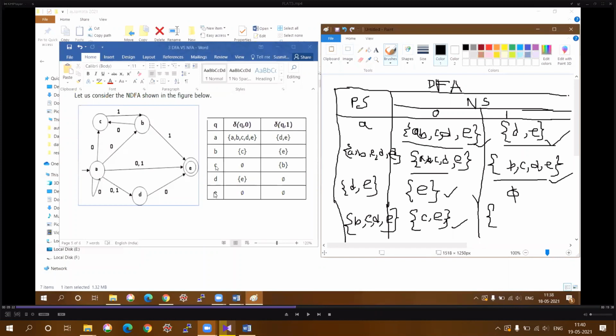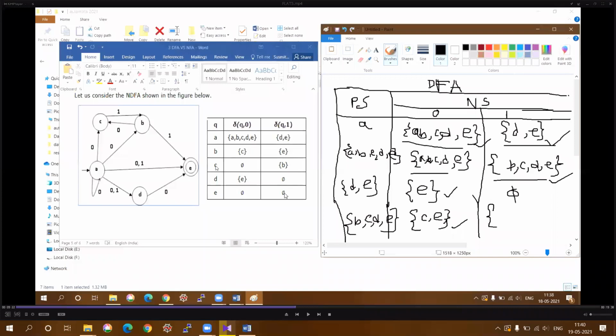So the transitions will be from A, B, C, D, E using 1. These are the different transitions which we are going to consider together because our state A, B, C, D, E is considered as a single state.